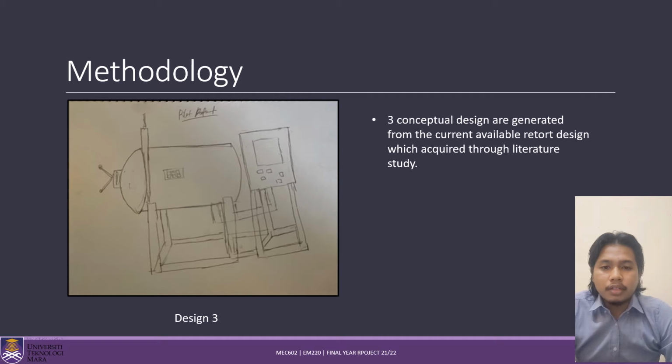And as you can see in design 3 here, this idea is generated from a pilot retort.